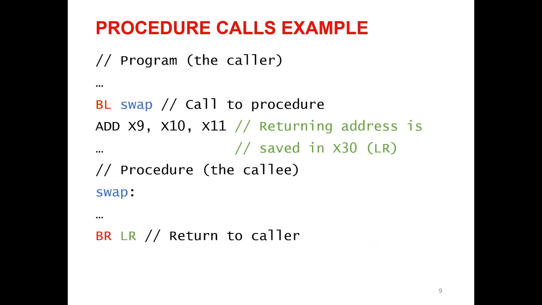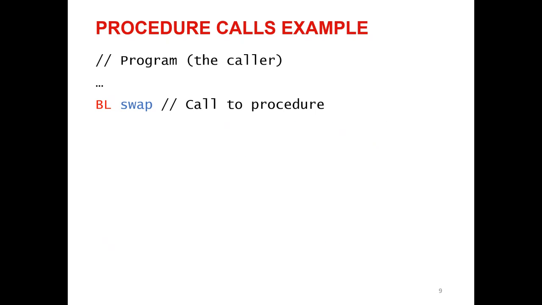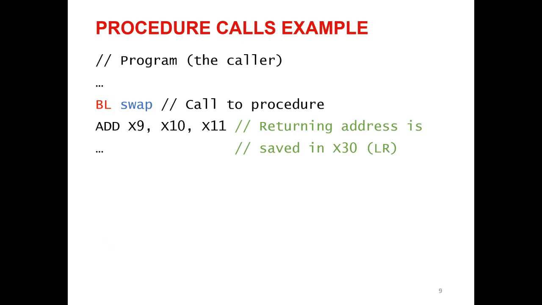I'm going to repeat that again for you. I'm going to call a function which is called swap. When I type this instruction BL, what happens is that before actually jumping to the swap procedure, the address of the next instruction is stored in a special register called the link register.